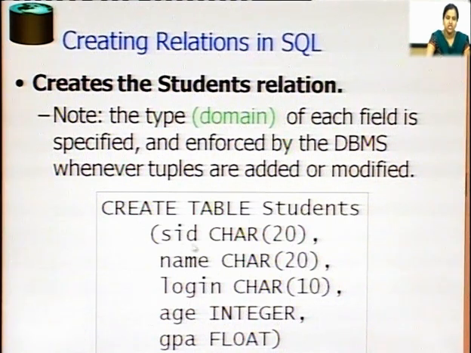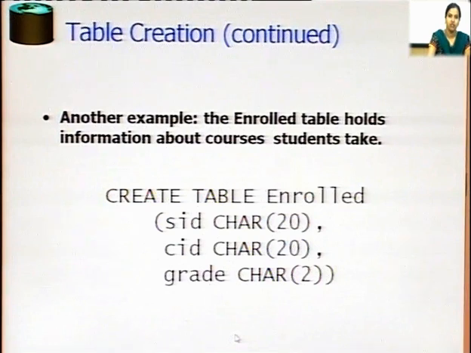One attribute is student ID, SID, domain is character type, and the size is 20. Then name, character type, size is 20. Login, character type, size is 10. Age is integer type, and GPA is float type. Another example is enrolled, where student ID char 20, CID char 20, and the grade is char 2.